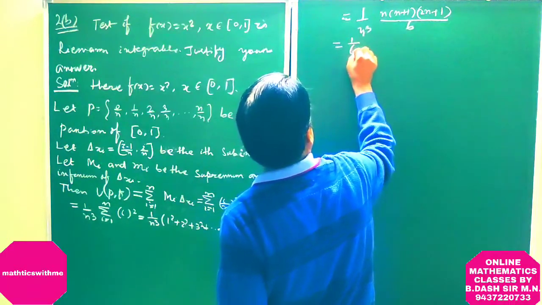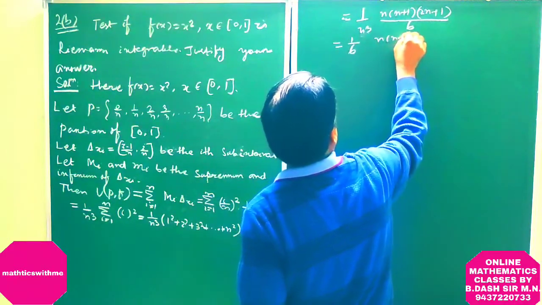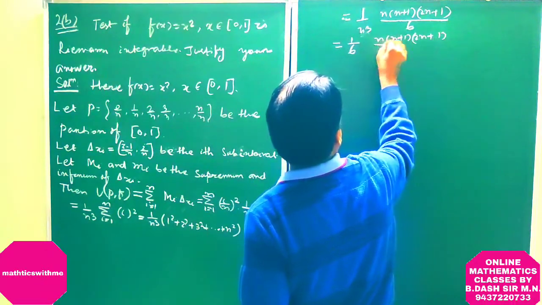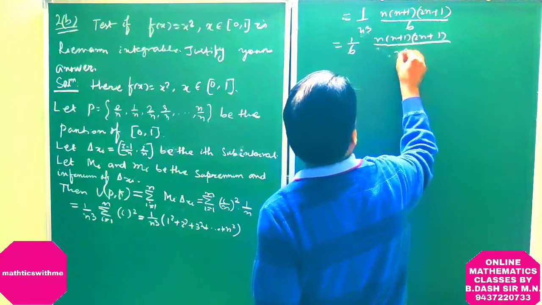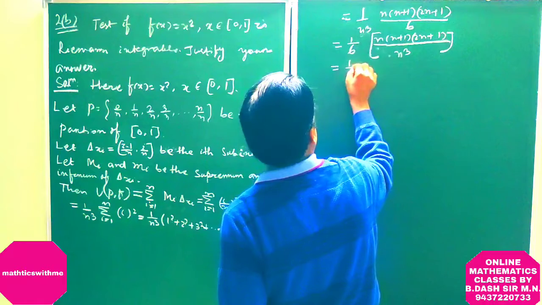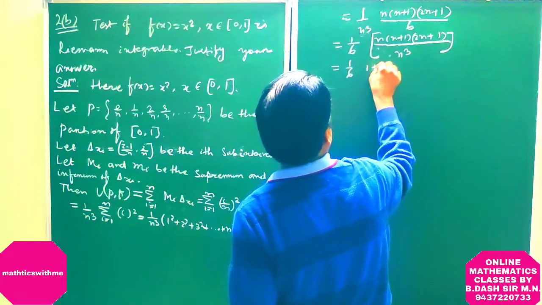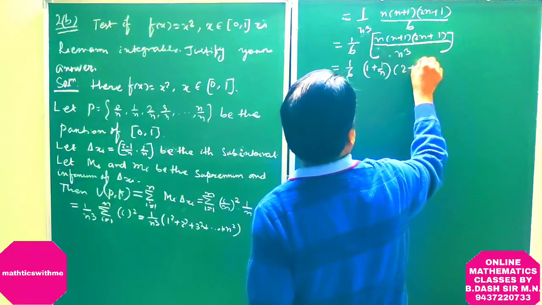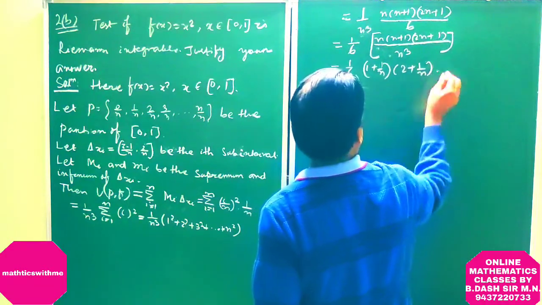This is 1 by 6 times n(n plus 1)(2n plus 1) divided by n cube, which is equal to 1 by 6 (1 plus 1 by n)(2 plus 1 by n).